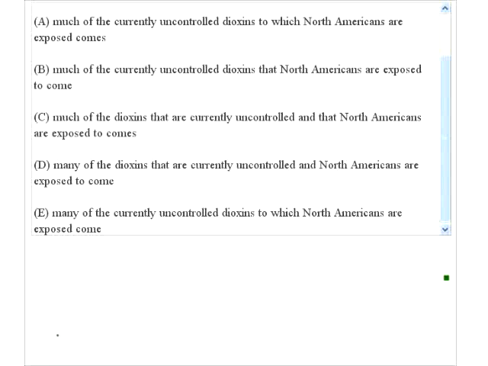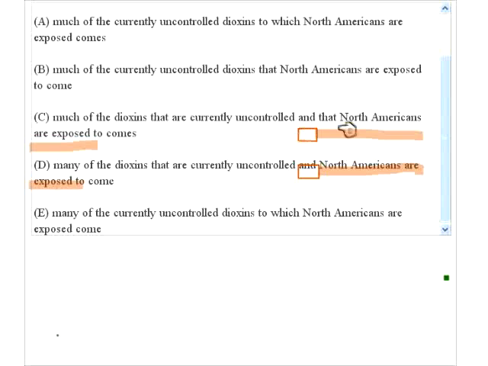Okay, let's take a look at this one. There are only parallel structures in two choices here, but here are those two choices. The ones that have "and" is a parallel tag. So if you look at this, that's the right-hand part of this parallel structure that North Americans are exposed to. This is the right-hand part of this one.